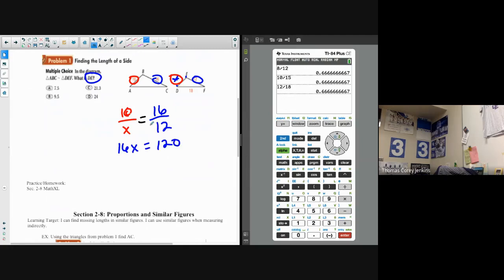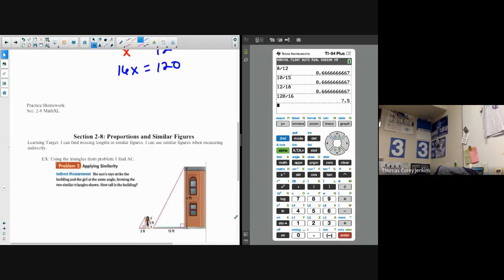Then 120 divided by 16 is going to give me 7.5. Hopefully we see 7.5 as an answer choice. And it looks like we do. So that's always good news. Circle that or bubble it in, either way.